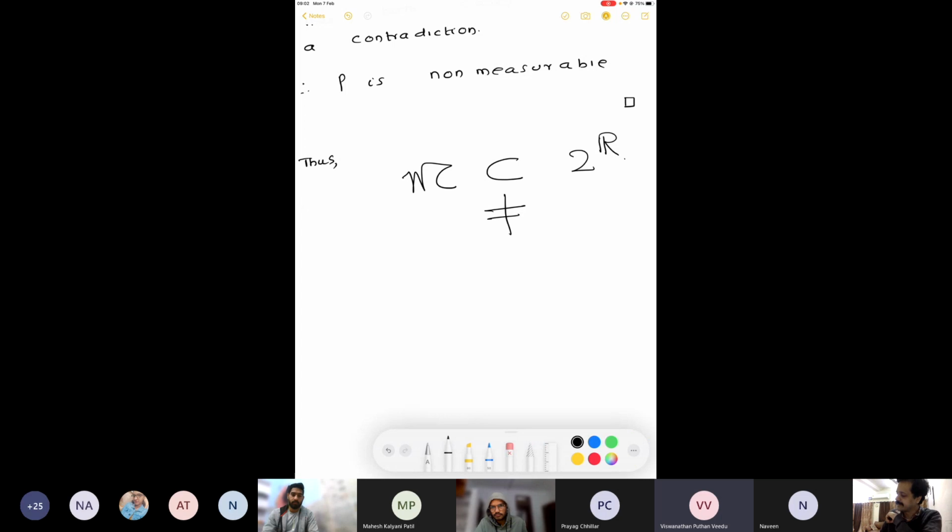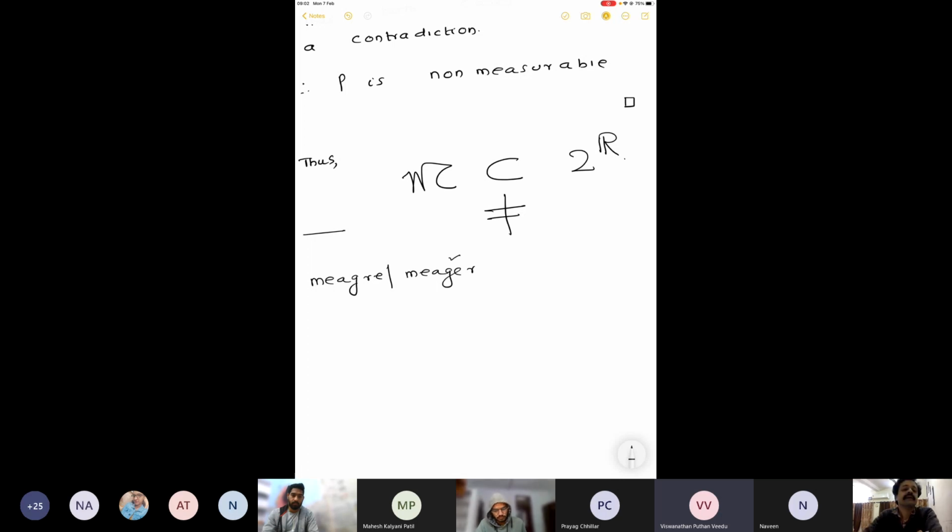It's a mathematical term, but the literal English meaning of meager is negligible. So first category sets are negligible, whereas second category sets are like prominent sets.